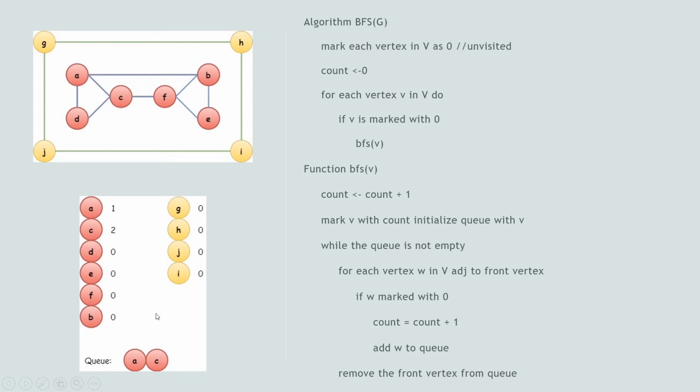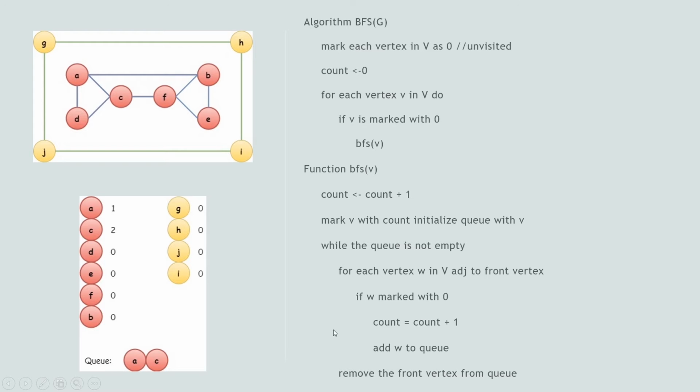Then we check again which vertices are adjacent to C. If there is any vertex adjacent to the front vertex, it will go through the if block and be added into the queue. If there is no vertex adjacent to the front vertex, then we remove the front vertex from the queue.